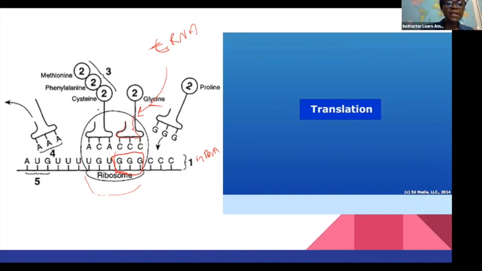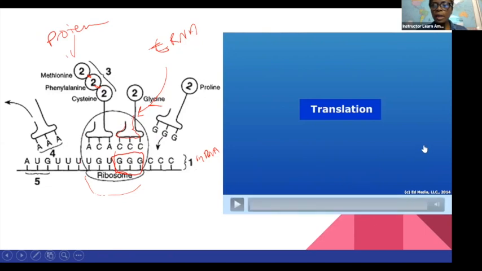The process continues on and on, so you will see amino acids bonding together, like we see here in section 3. Numerous amino acids bonding together is what forms a protein, because amino acids make proteins. Let's take a more in-depth look at this by watching this video.